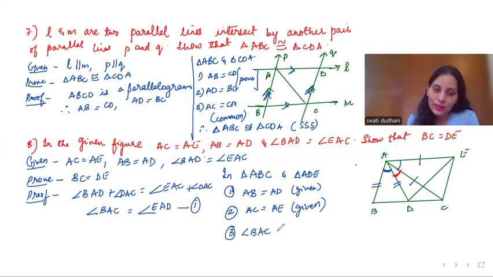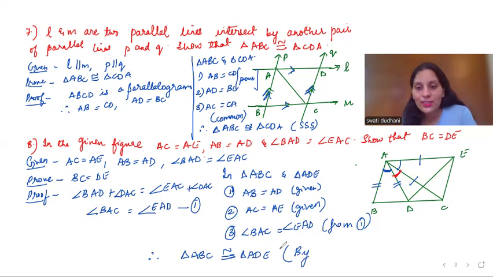So angle BAC is equal to angle EAD from 1. Therefore, triangle ABC is congruent to triangle ADE by which criteria? If I mention it in the figure, let me take this angle, this side and this side of one triangle.